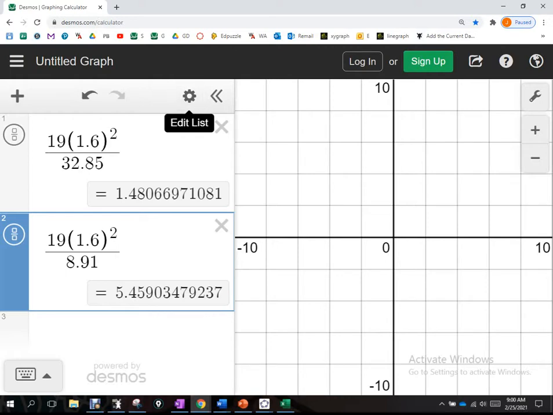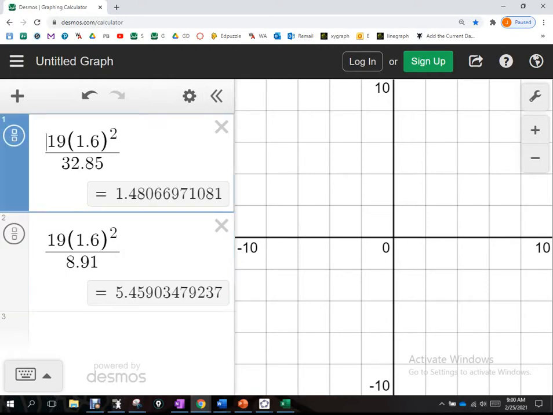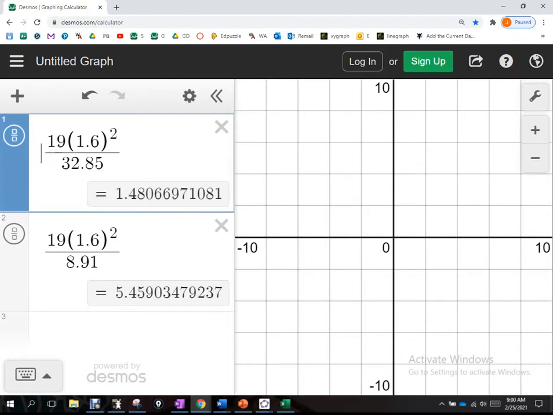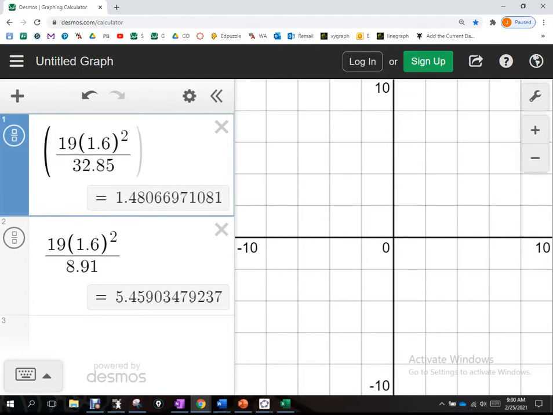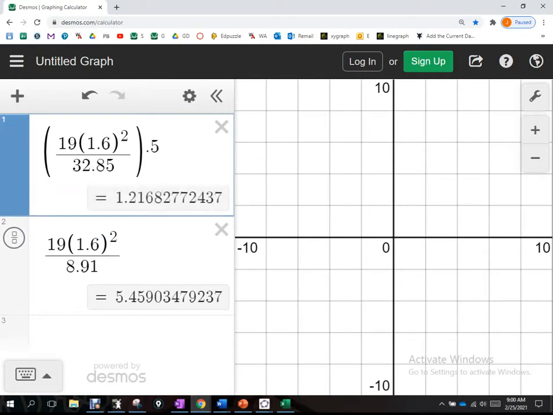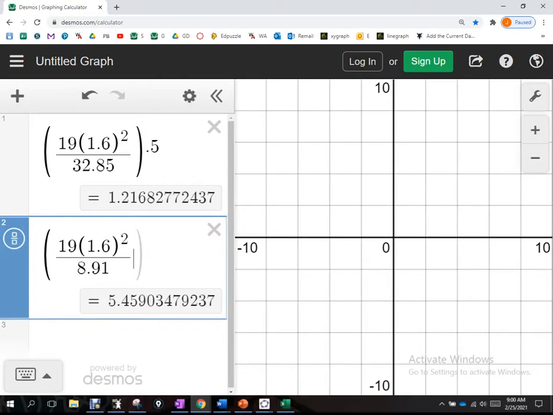But if I square root both of those, so I'm just going to take this as, I think I just go SQRT. Nope. Let's do it this way. Anybody remember what power I need to raise something to take the square root? 1/2. So I'm going to just raise this to the 0.5, and then I'll raise this to the 0.5.